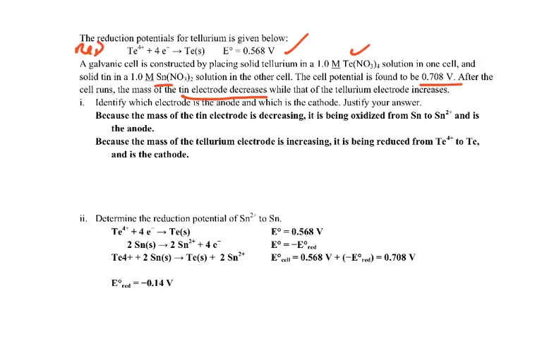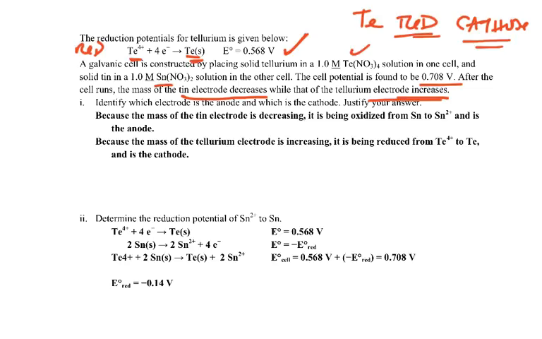That's our big clue. The tellurium electrode's mass increases, and that means the ions are turning into the metal, so this is actually going to happen. So the tellurium is being reduced, going from positive to 0, which means that it is the cathode. That's the thinking.